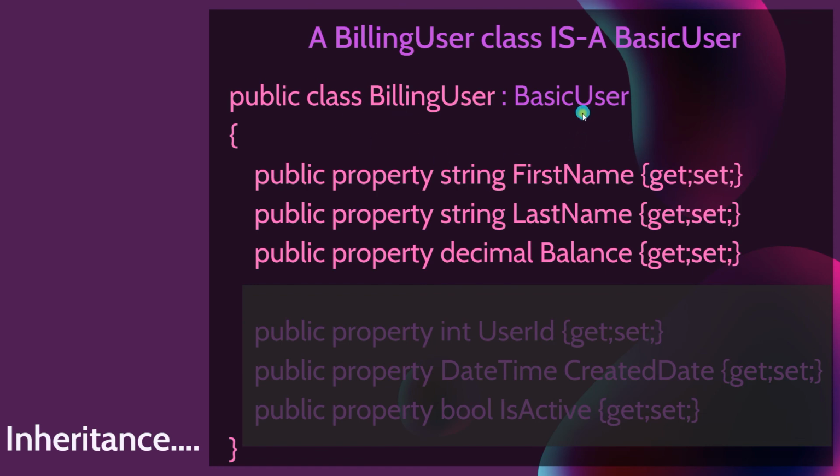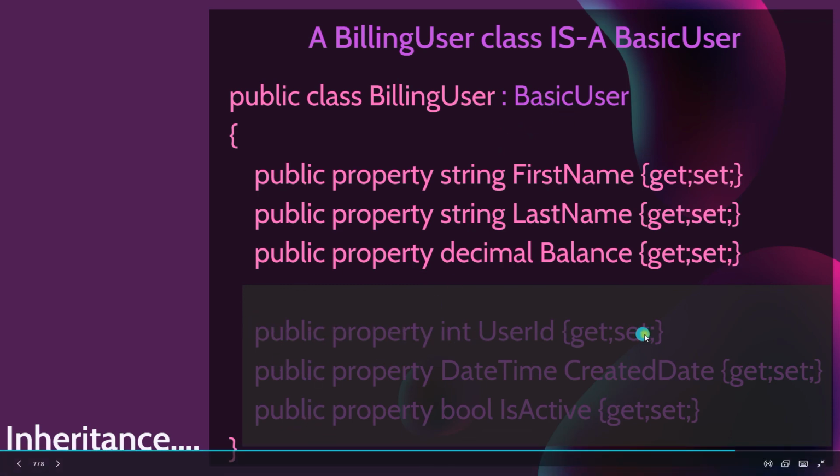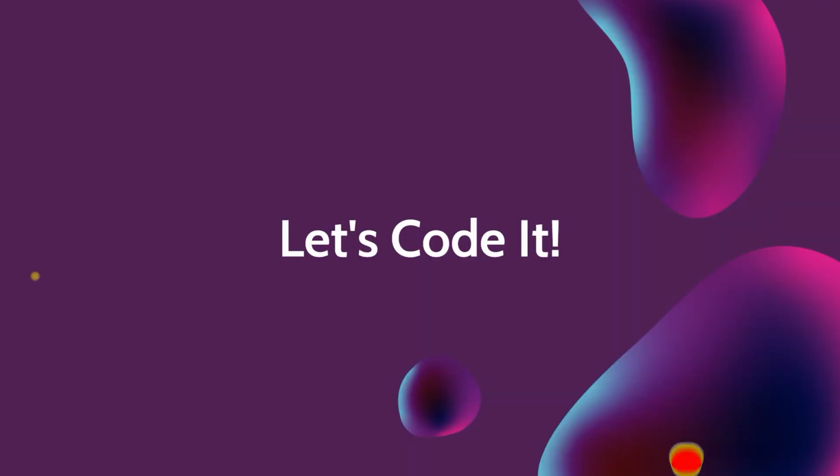Billing user is a basic user, meaning that if billing user has three properties, first name, last name, and balance, because it is a basic user, you automatically inherit these properties from the base class, basic user. So let's see it in action.